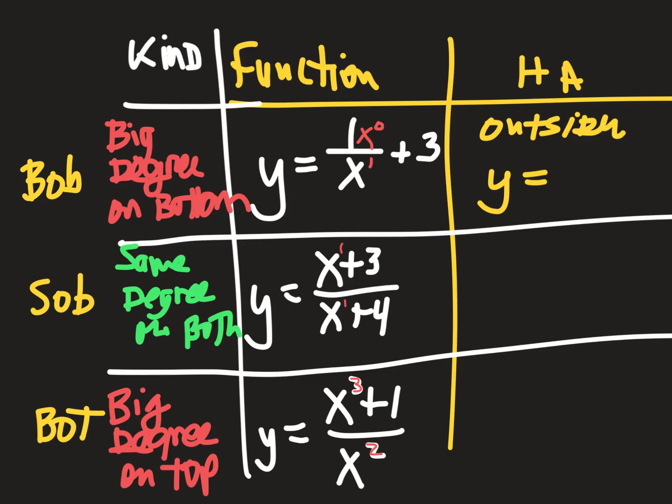Bigger degree on bottom, BOB, outsider, yes, double checking it. Yes, okay, good. So, what is on the outside of this fraction? A 3. Y equals 3 is where the asymptote would be.